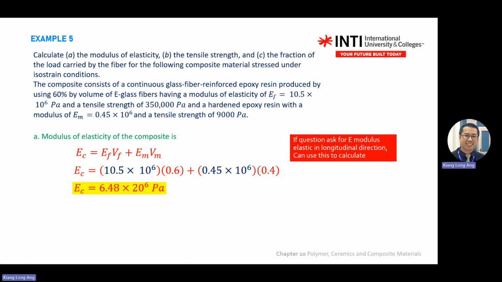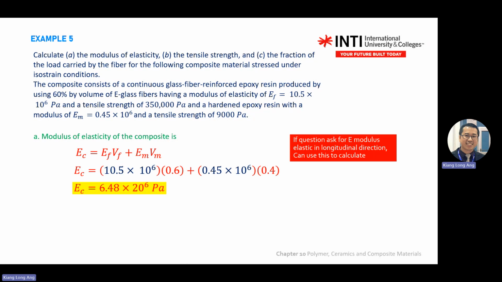So again, this is when the question uses the E modulus in the longitudinal direction. Then you use this formula. Even if the question didn't mention isostrain, if it mentioned that the composite was stressed in the longitudinal direction, you use the isostrain condition because you're pulling in tension, this one.